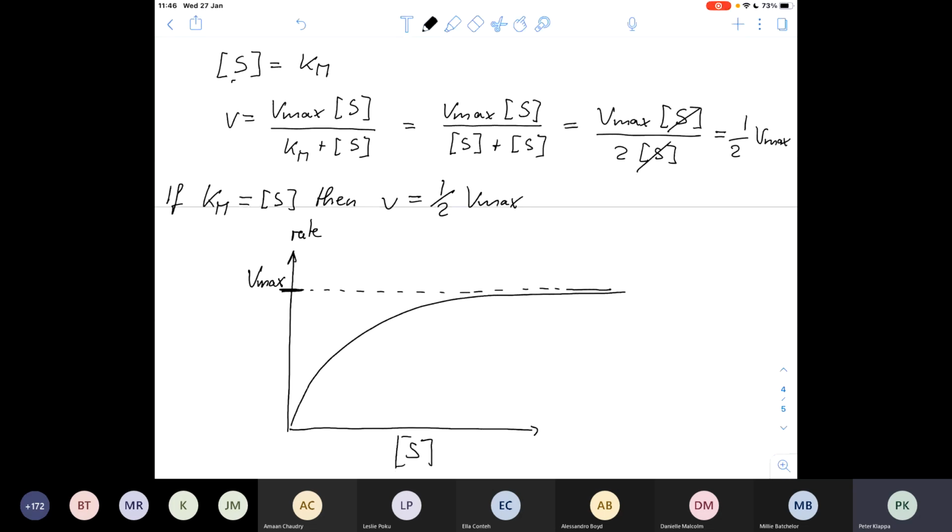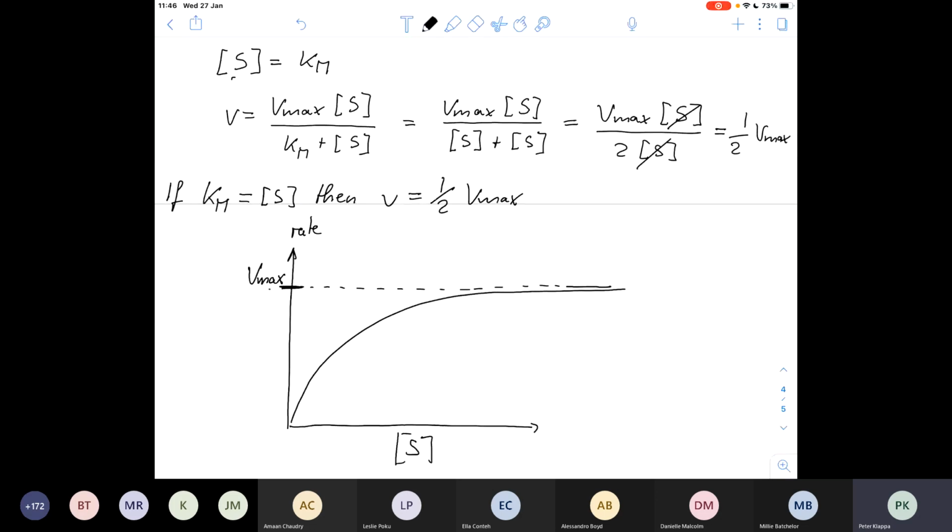And what do we need to find in order to get this Km from the equation? Well, we say this is Vmax. All we need to do is take half of Vmax. So that is probably this point here. This is half of Vmax.